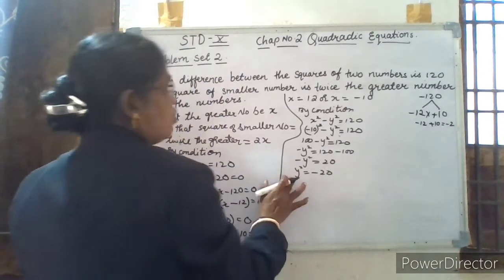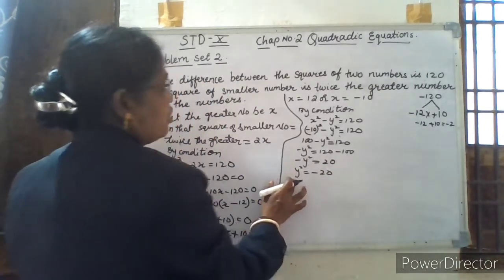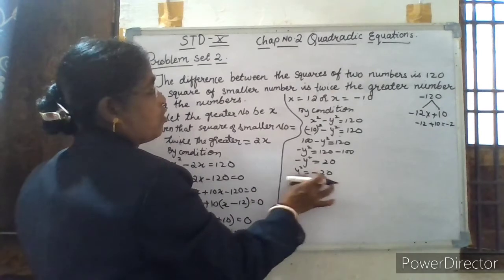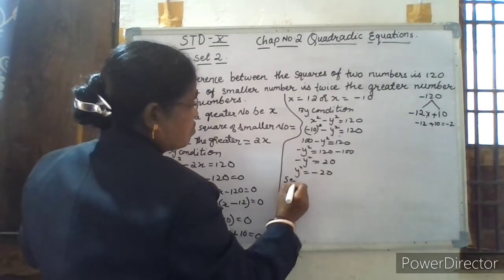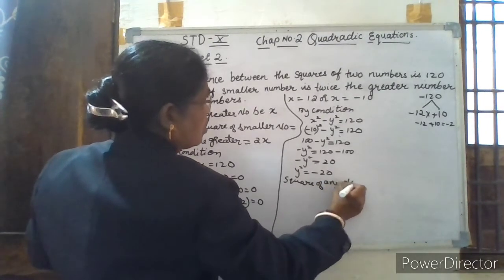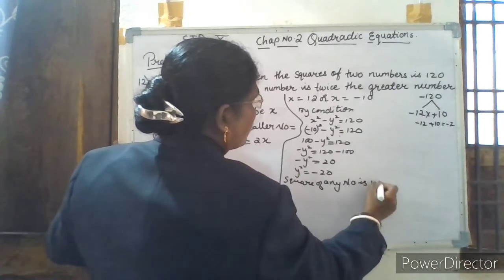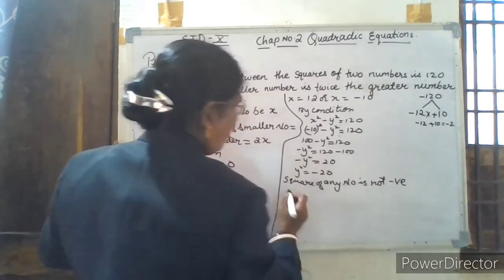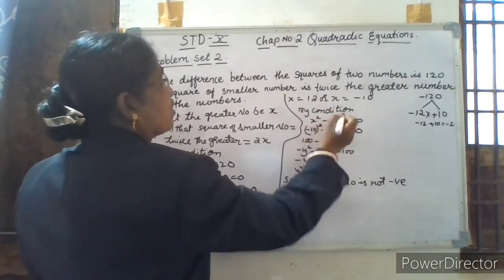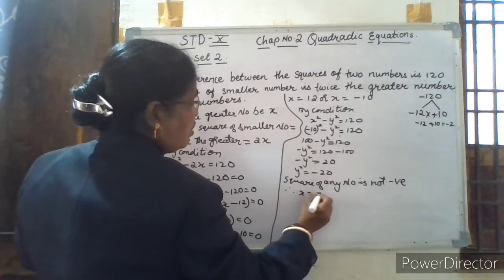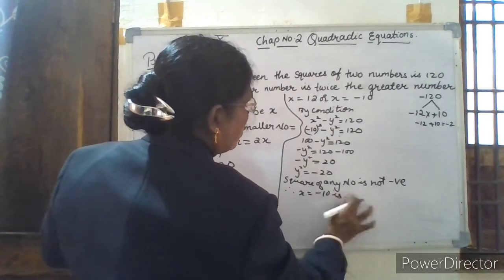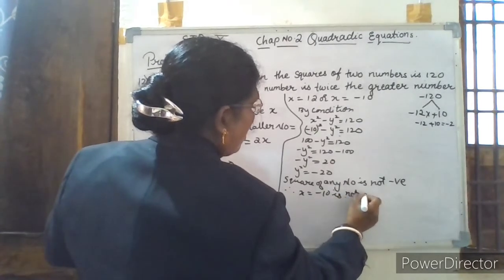If we consider y as the smaller number, y squared is minus 20. But the square of any number cannot be negative. Therefore x is equal to minus 10 is not acceptable.